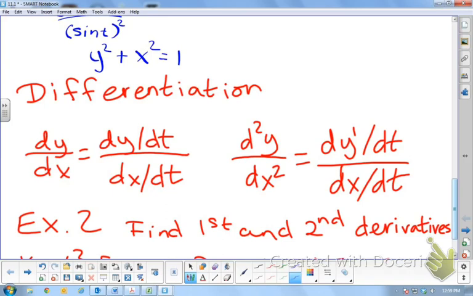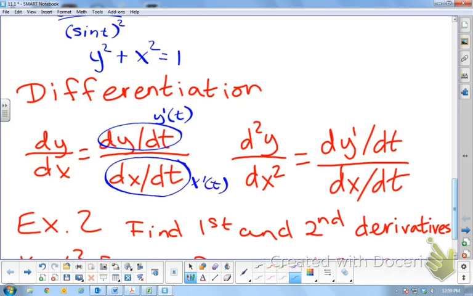This dy dt is that y of t, so y prime of t. dx dt is x prime of t, and we divide them. And this is something I still don't really know why. I just know it's what you do.